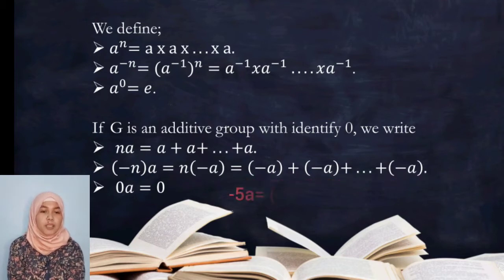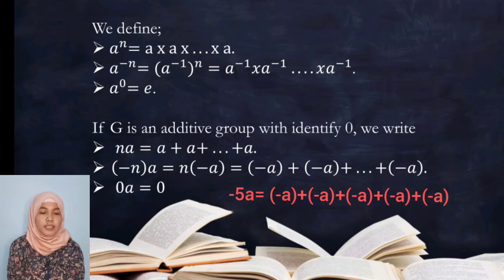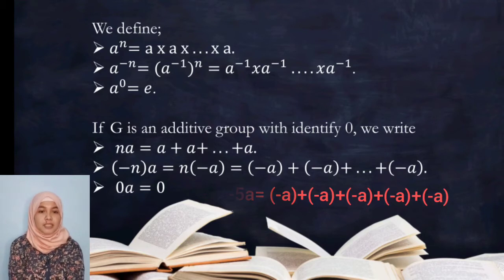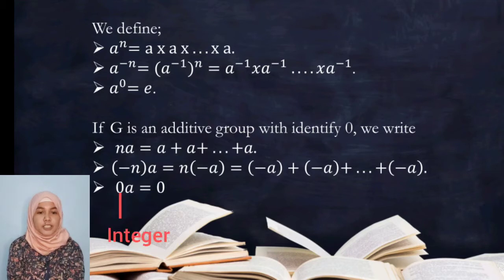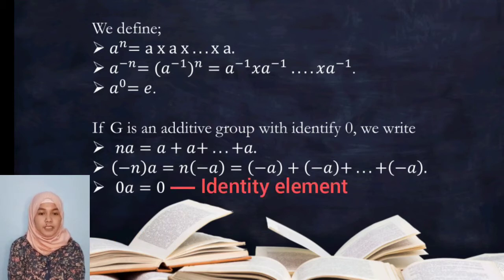For example, negative 5a, we will write the inverse of a negative 5 times. And 0a is 0. But let me clarify that this 0 is the integer, while this 0 is the identity element of the group.